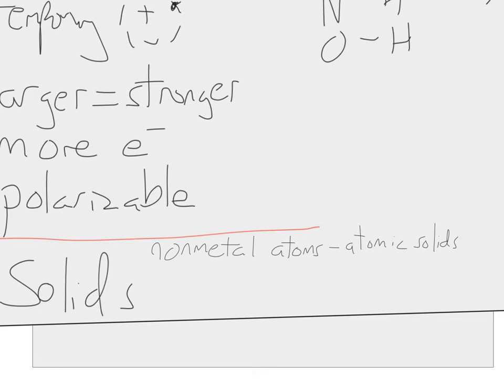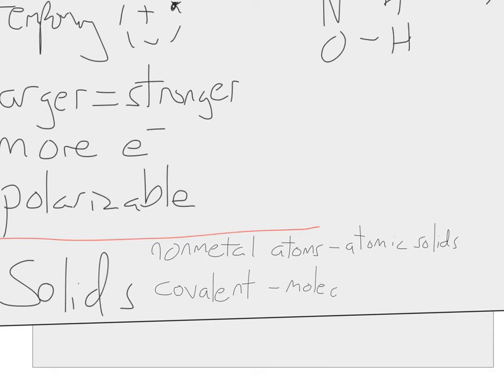You have to be really careful with this because metals do that too. They look atomic, but it's the nonmetals here that really make up the atomic solid category. Metallic things make up metallic bonds and metallic solids, so they have a separate category. Anything else that's covalent is made up of individual molecules, so we call them molecular solids.